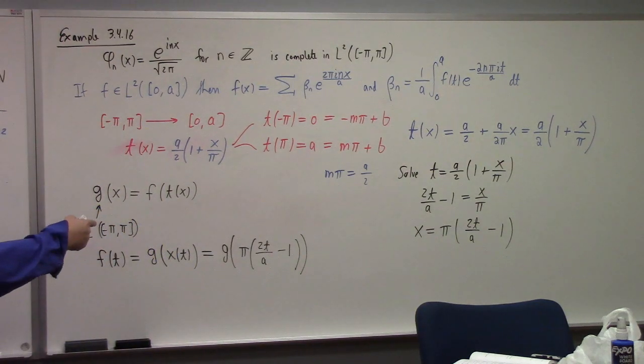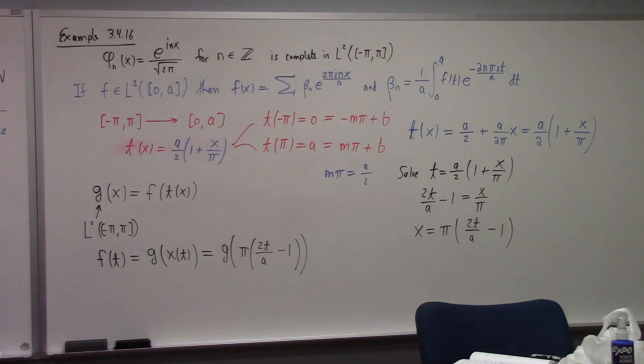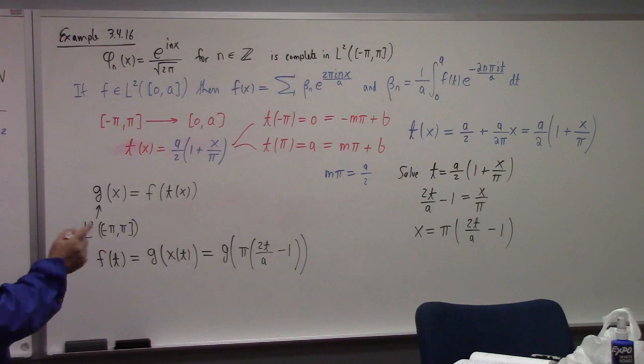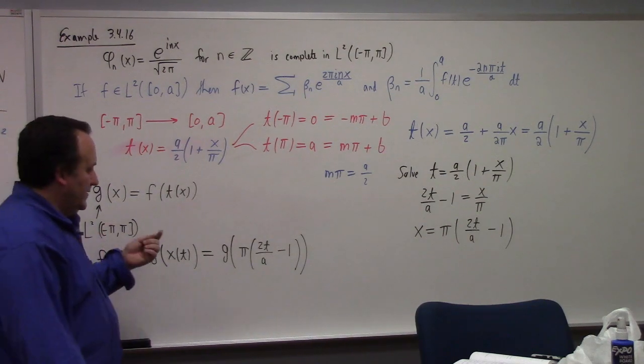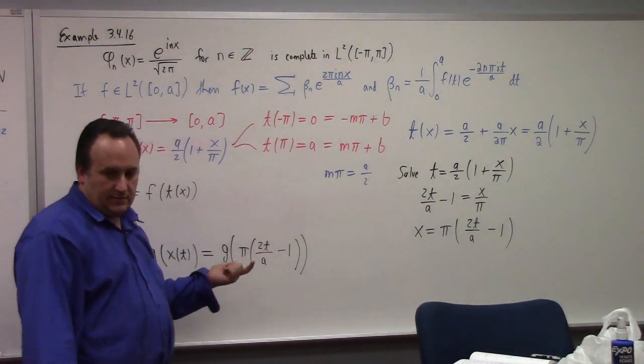That should allow me to construct it. As t ranges from 0 to a, x goes from minus pi to pi.